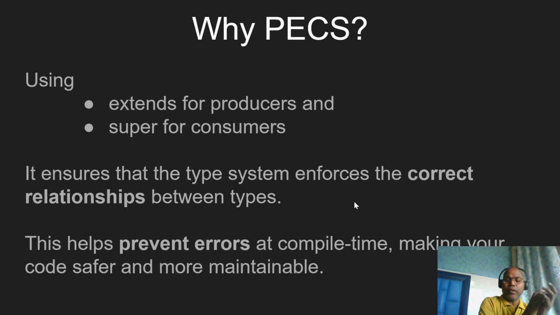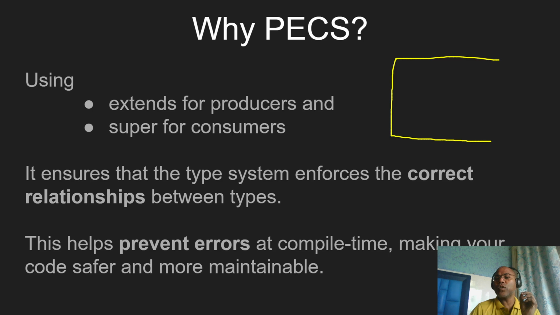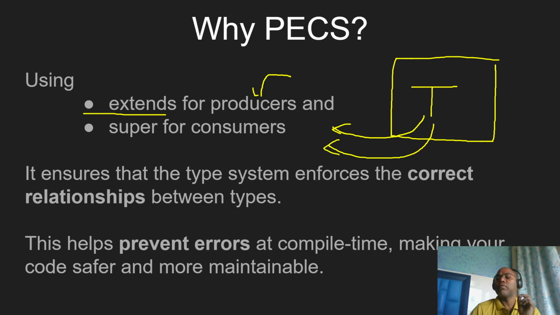So hope it's clear. The hint says, hey, whatever the types you are going to define as a generic, you can use extend for the producer. If the type you are defining is going to return a value or produce a value, in that scenario you can use the extend keyword.